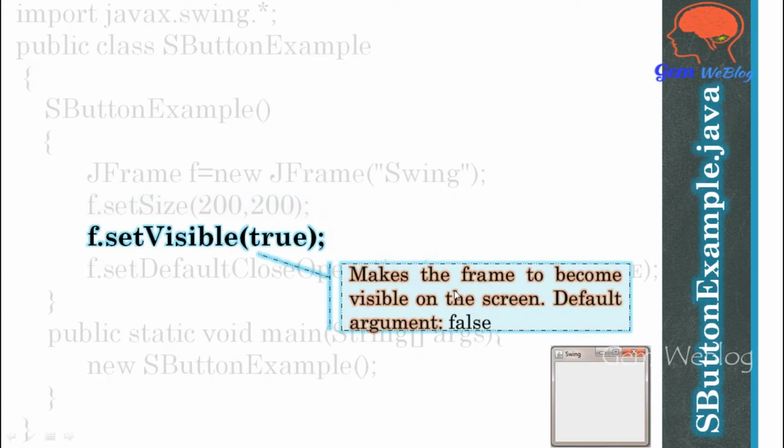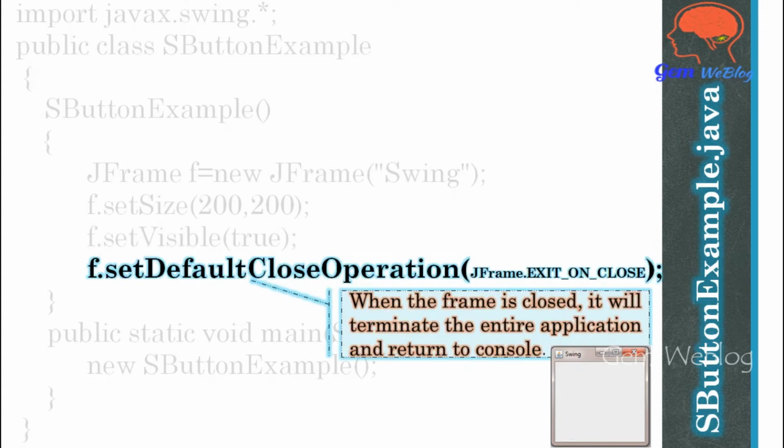Next, if you want to make the frame visible on the screen, you should set the visible method as true. The default value is false. Next, you have to define setDefaultCloseOperation with JFrame.EXIT_ON_CLOSE as the argument.